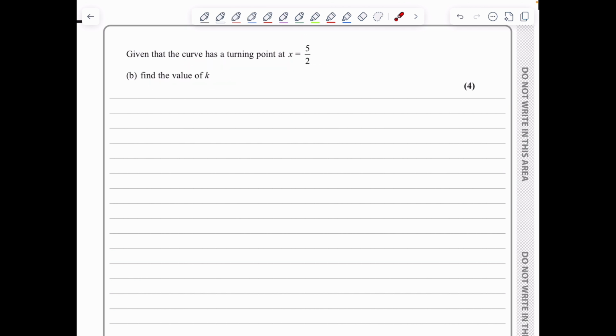Well, we know that the turning point means that dy/dx is 0, and we have obtained an expression from part A. We are setting that to be 0. So we want the numerator here to be 0 when x is 5/2. This leads to 6k times 5/2 times y minus 16 times (5/2) squared is equal to 0.